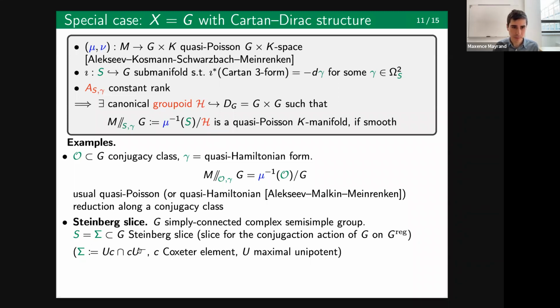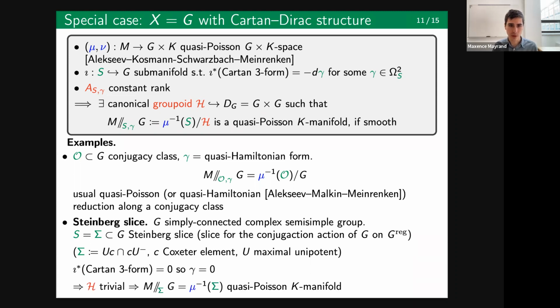Anyway, in this case the Cartan 3-form is 0, so you can just take gamma to be 0. And we get that this subgroupoid here is trivial. As a corollary, this notion of quasi-Poisson reduction is just the preimage of the Sternberg slice, and so we get that this is a quasi-Poisson K-manifold.